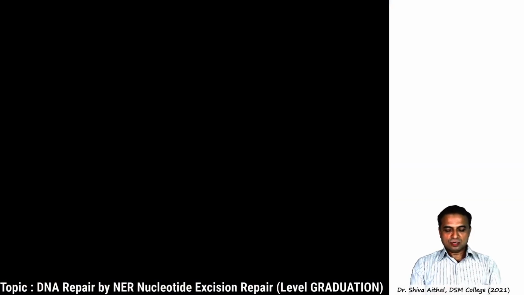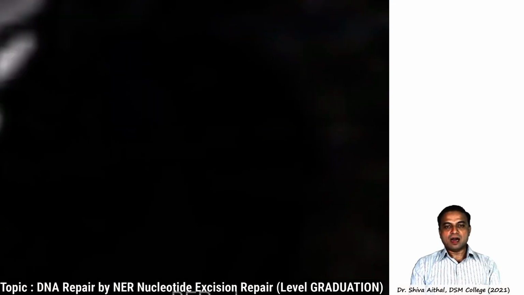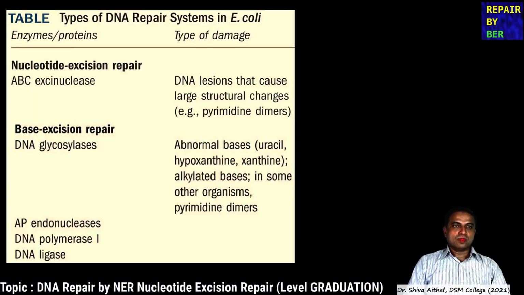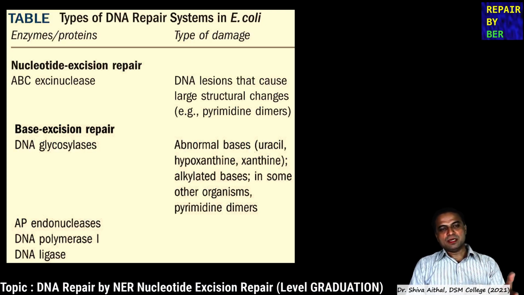So this is the process of BER. We just had an animated look at how BER, or base excision repair, functions. So let's get into more details about it. As you can see, this is another type of repair mechanism which involves a number of enzymes. Base excision repair, as you can see on the slide here, removes abnormal bases.